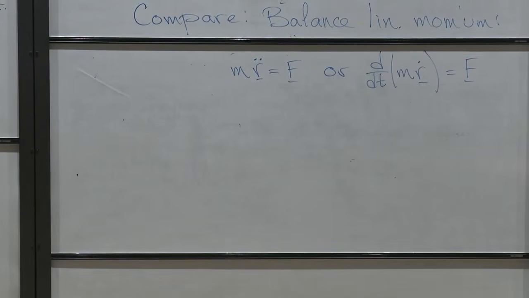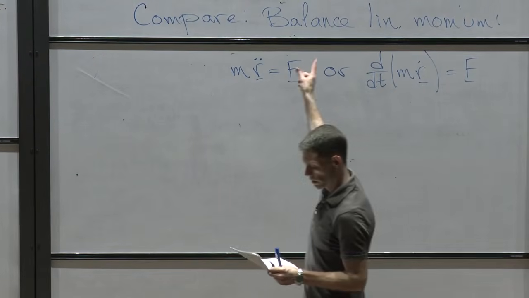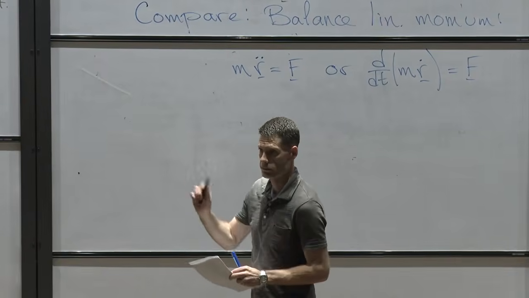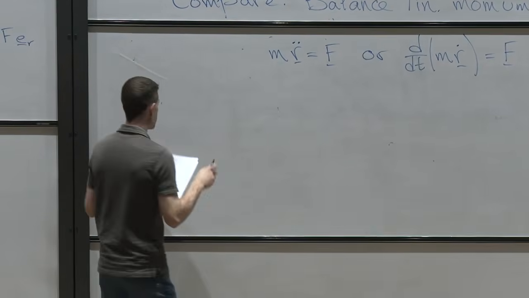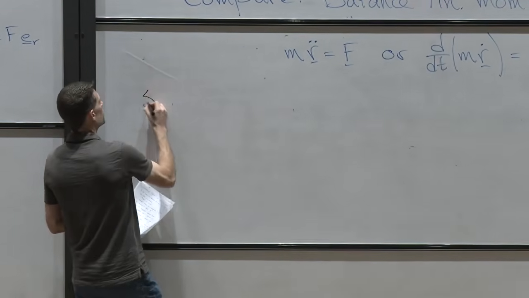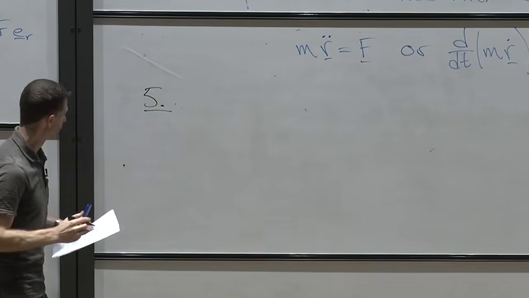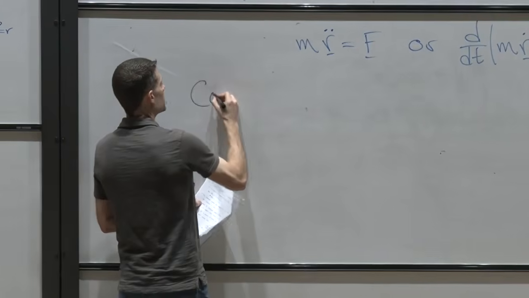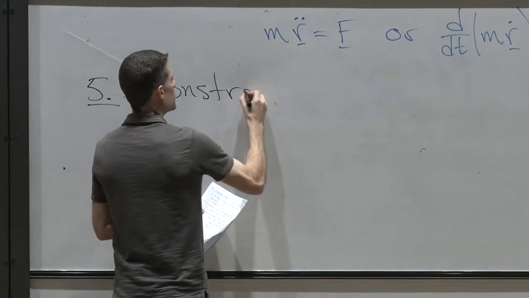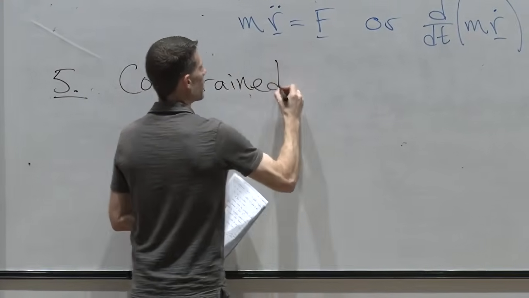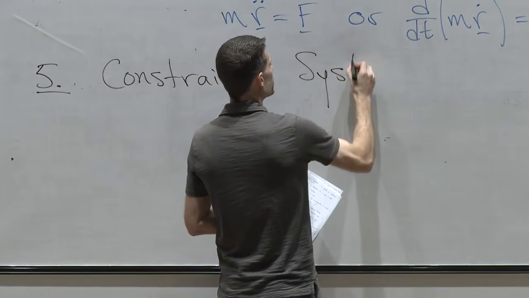We will do a lot more with that equation when we move to rigid objects, but what we're going to do first, this is section 5 of the notes, is look at what we'll call constrained systems.